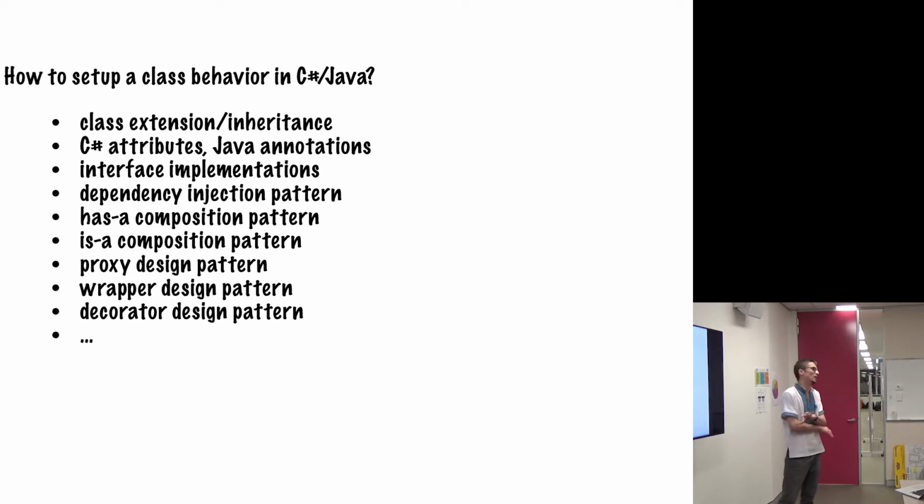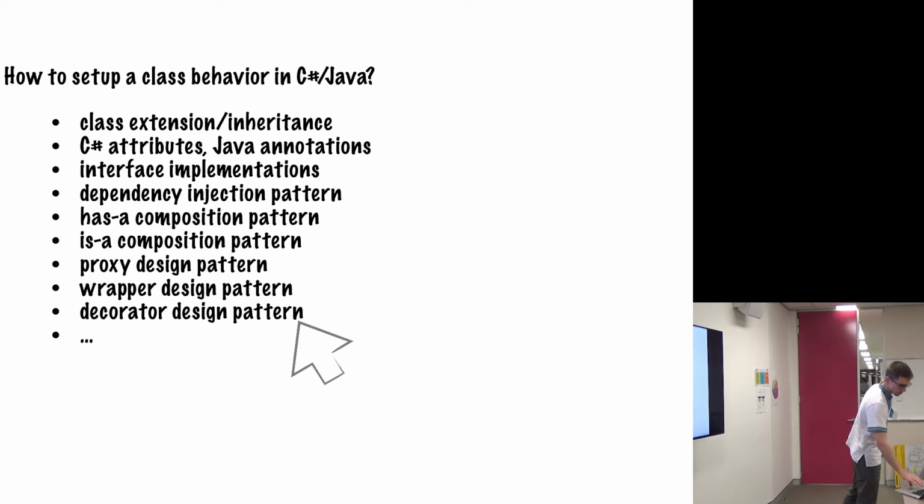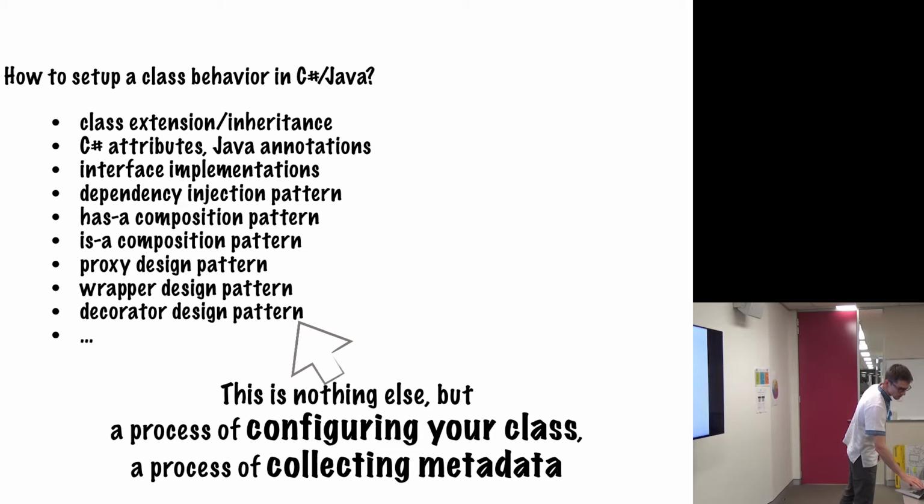Typically, we're using all the features a language has, in our case C#, and different patterns. This is how we set up our class and the instantiated objects. So all this on the left is nothing else but a process of configuring your class. The process of collecting metadata about your class and the future objects.